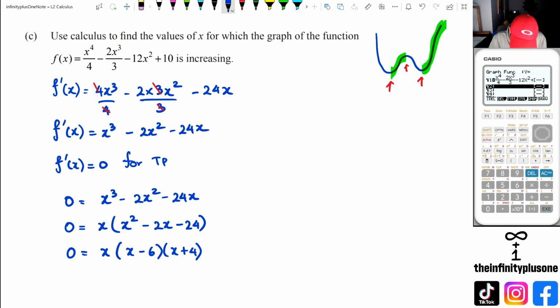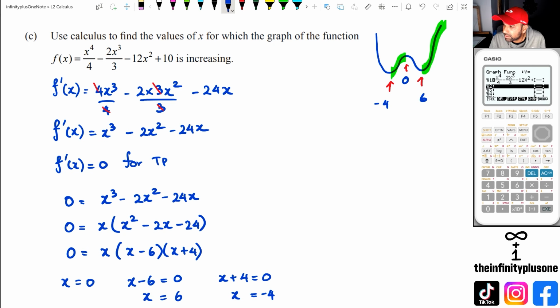So my turning points are going to be at x equals 0, x minus 6 equals 0, so x is equal to positive 6, and x plus 4 equals 0, which means x is equal to minus 4. So as you can see, I've got 3 points here: minus 4, 0, and 6.